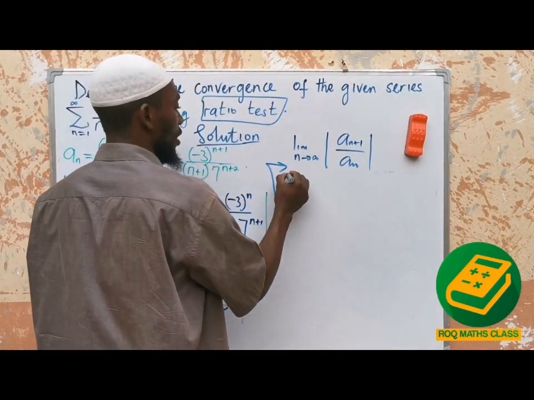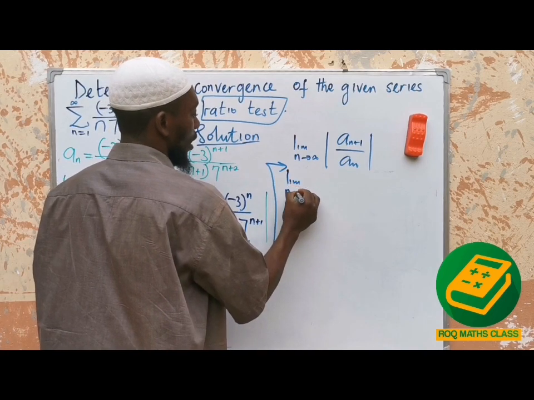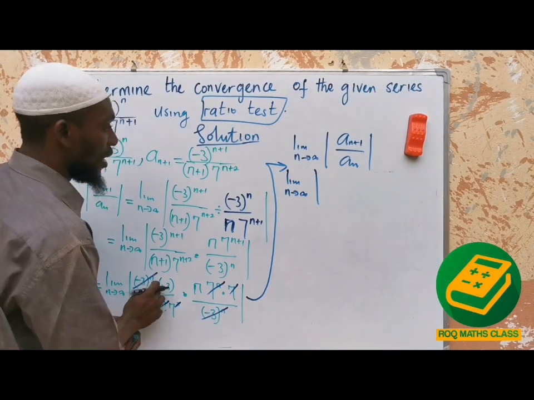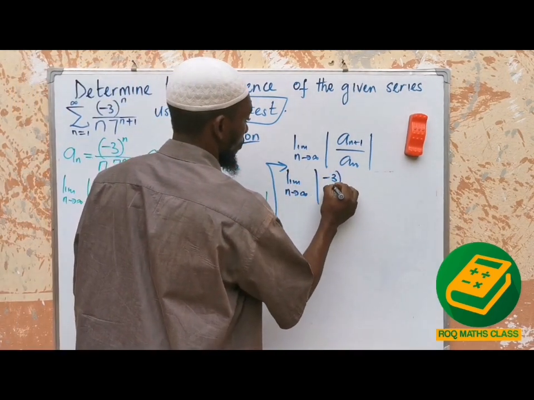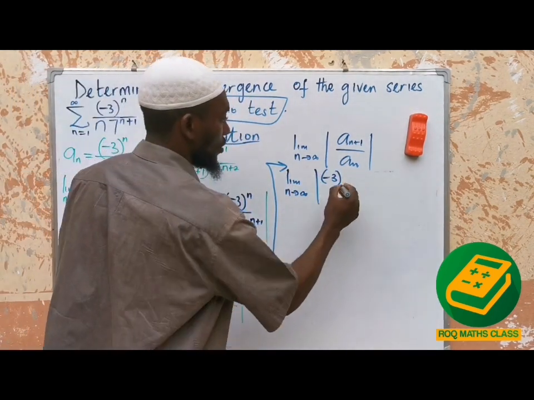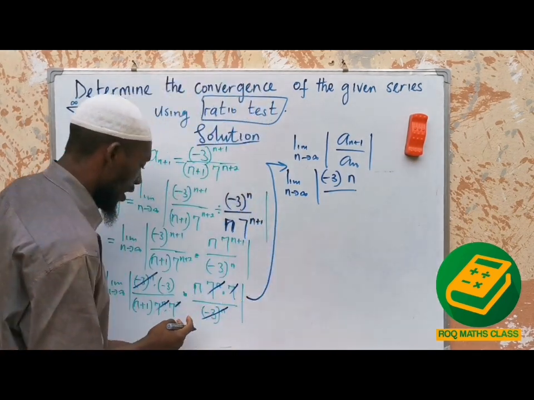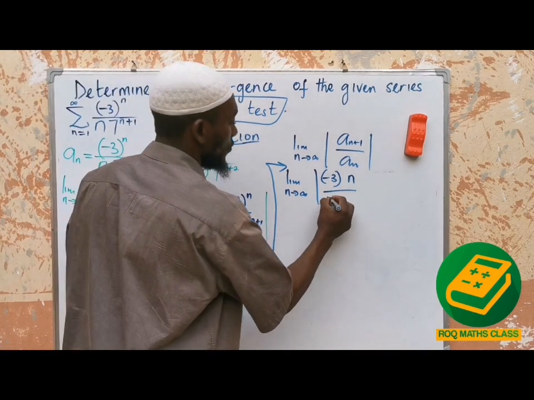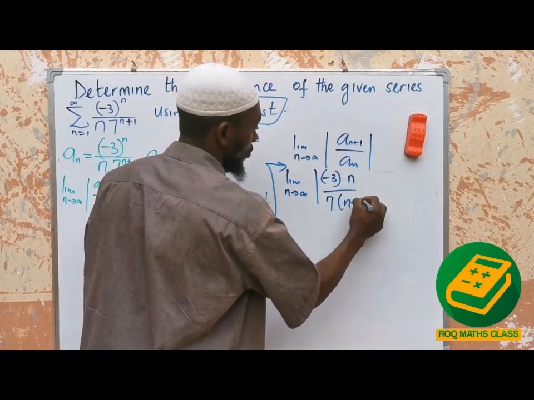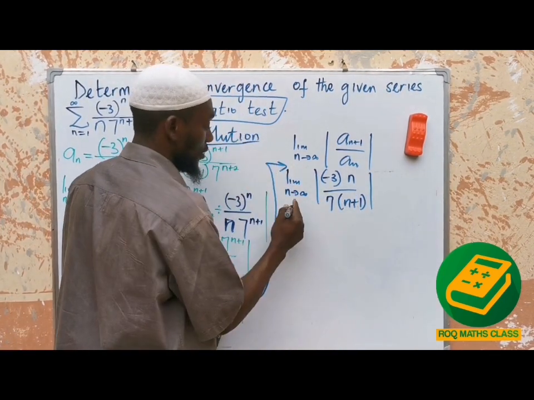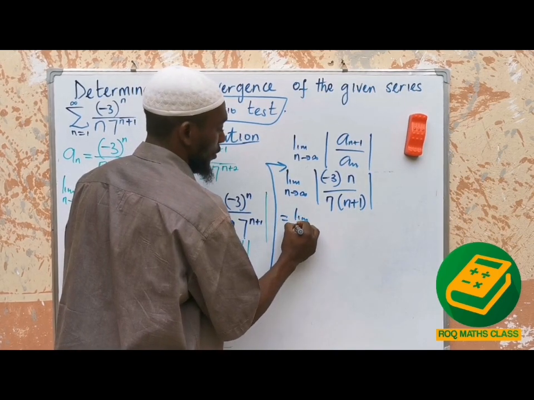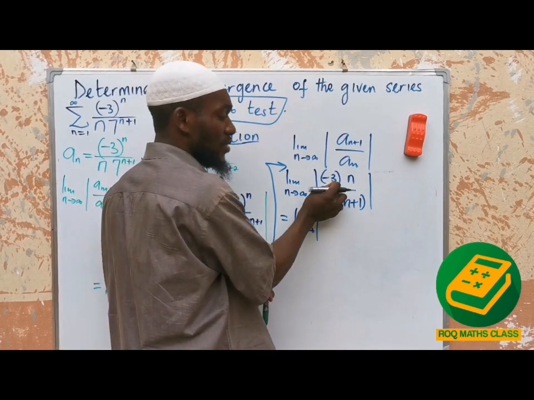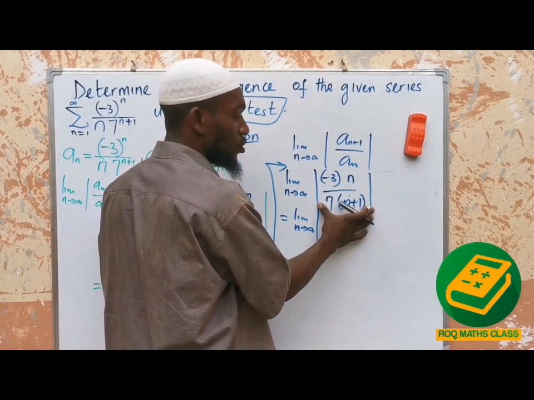I'm going to have the limit as n approaches infinity of the absolute value of minus 3 times n over 7 times (n+1). Whenever you have a negative number inside the absolute value, it turns positive.